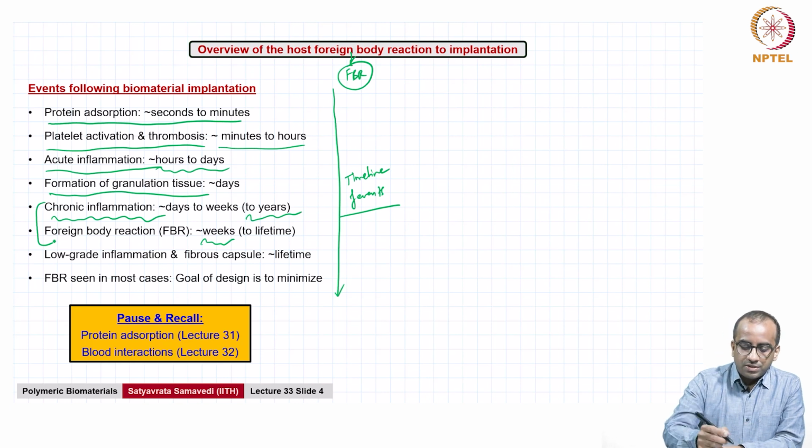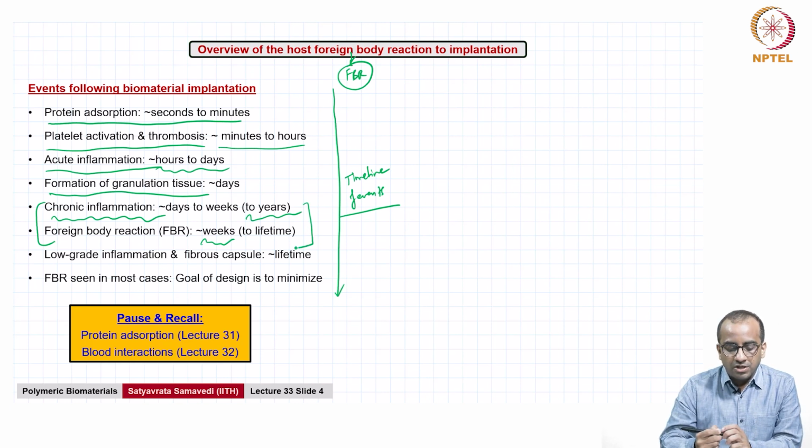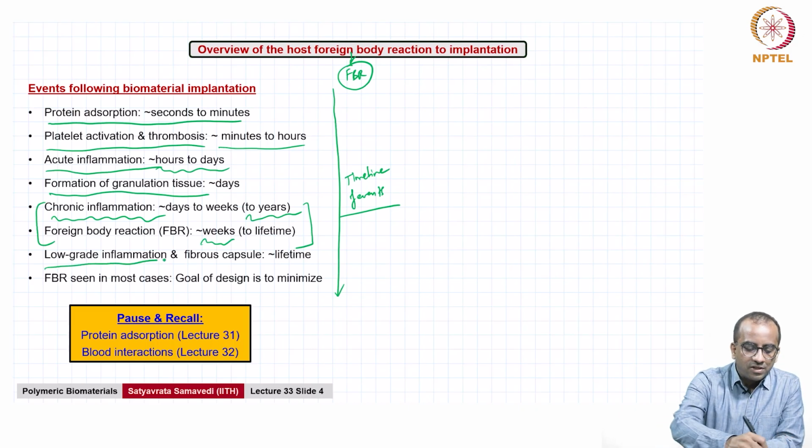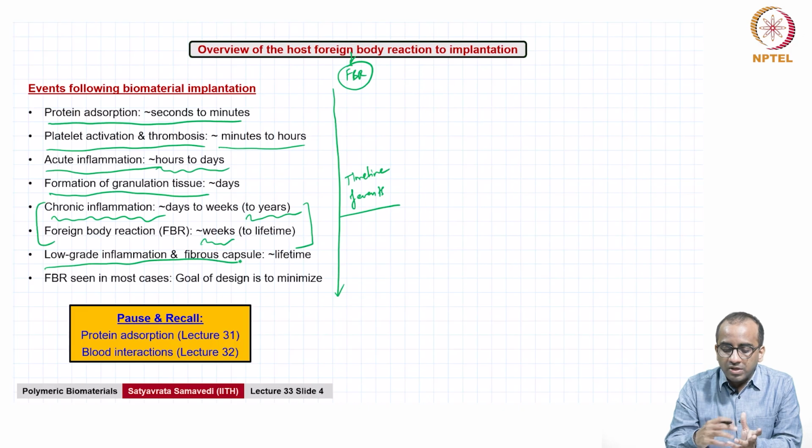What you will see here is that the foreign body reaction, which is associated with what you would call foreign body giant cells, which we will look at in some detail later in this lecture, are going to persist on the surface of the implant, especially if it is a long-term non-degradable implant. These foreign body giant cells are going to persist for the lifetime of the implant, leading to low-grade inflammation and leading to, in some cases, complete fibrous encapsulation of the implant. Actually, fibrous encapsulation is going to happen in many cases.